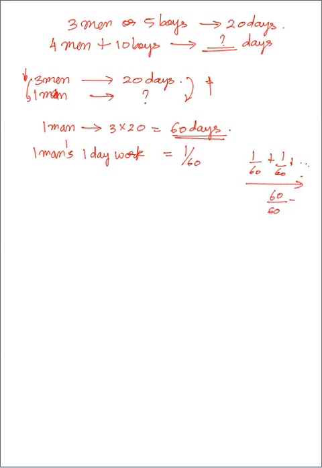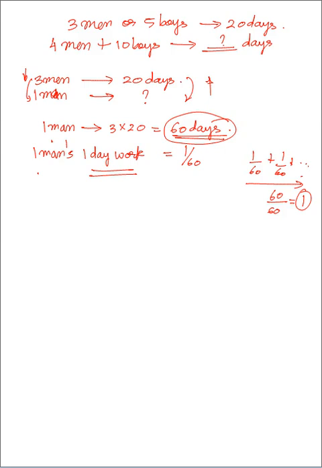He will complete 1 unit of work. So 1 man's 1 day work is 1 by 60, because 1 man can complete the work in 60 days. He will go on working for 60 days, 1 by 60 plus 1 by 60 plus 1 by 60, like that 60 times, so 60 by 60, he will complete 1 unit.